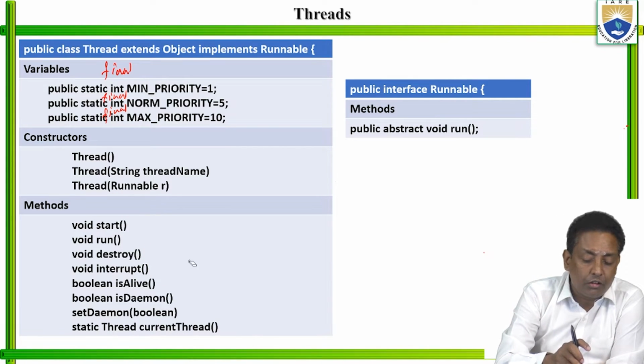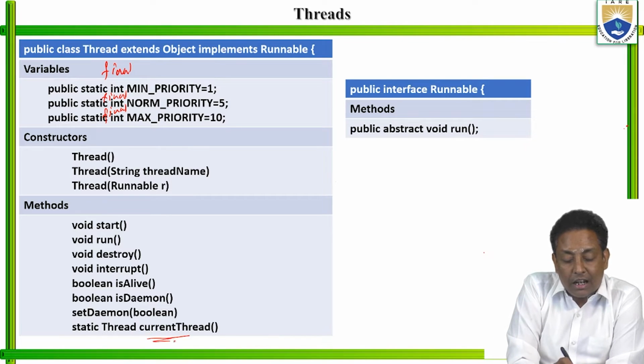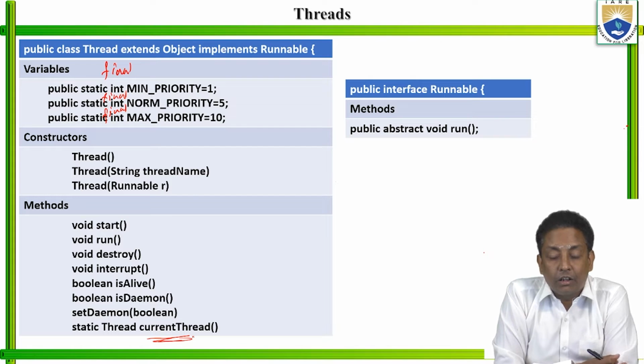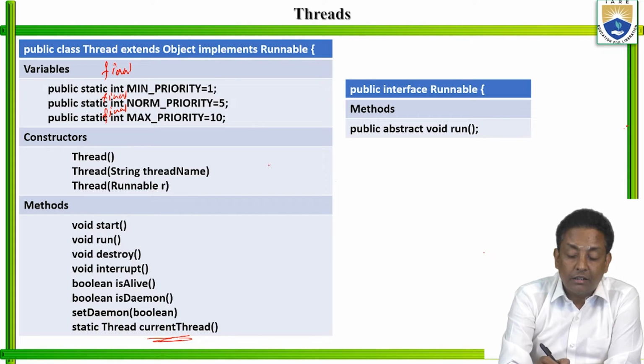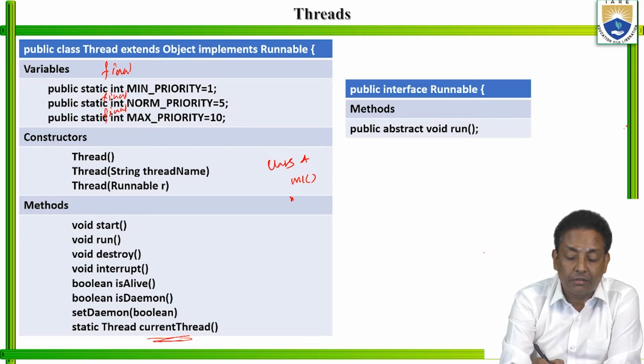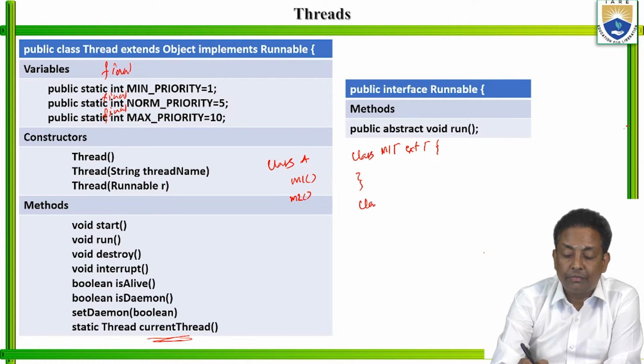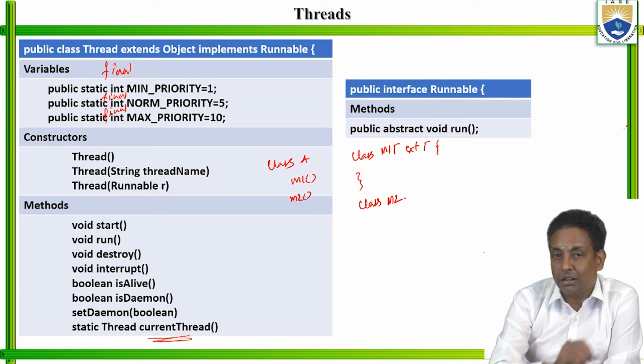Okay, but don't forget about daemon threads. This Thread dot currentThread, this static method I have already explained. Why? Because there is a class with M1 and M2 methods. And yesterday we generated a number generator class with generate and print methods, two methods. For two methods, we wrote two thread classes. Do you remember? Otherwise you write M1Thread extends Thread, and class M2Thread. Therefore, GenerateThread and PrintThread we wrote yesterday.